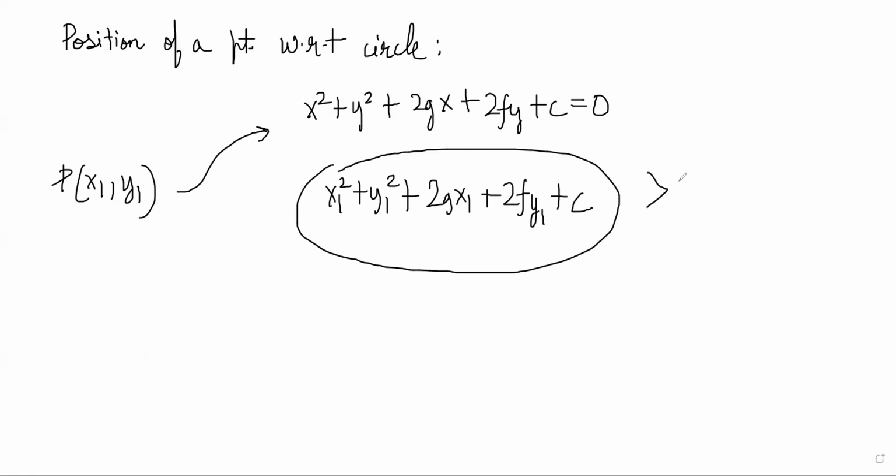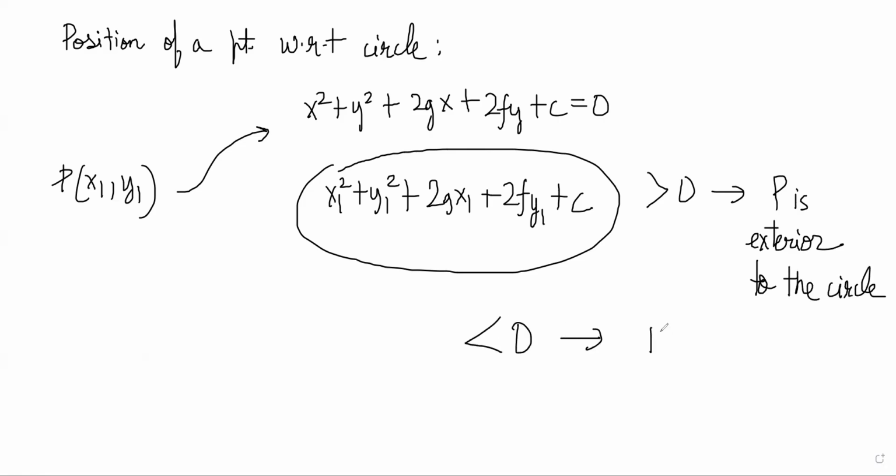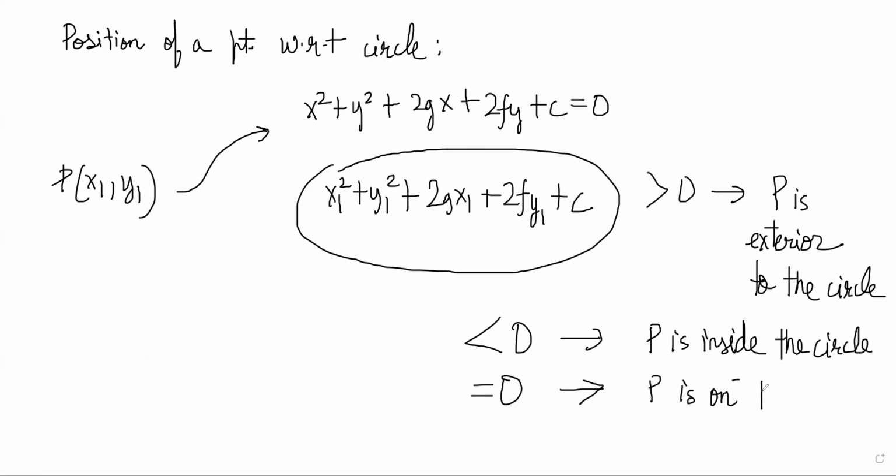If this quantity is greater than 0, the point P is exterior of the circle, is outside the circle, right? If this quantity is less than 0, P is inside the circle. And if this quantity is equal to 0, then P is on the circle. So that explains how to find position of a point with respect to a circle.